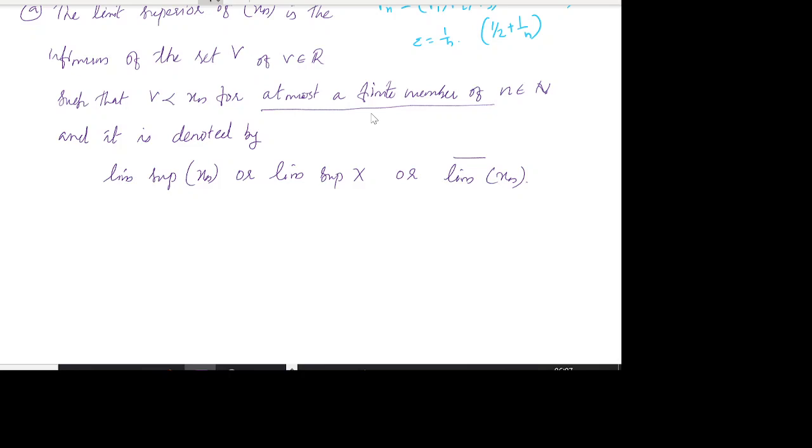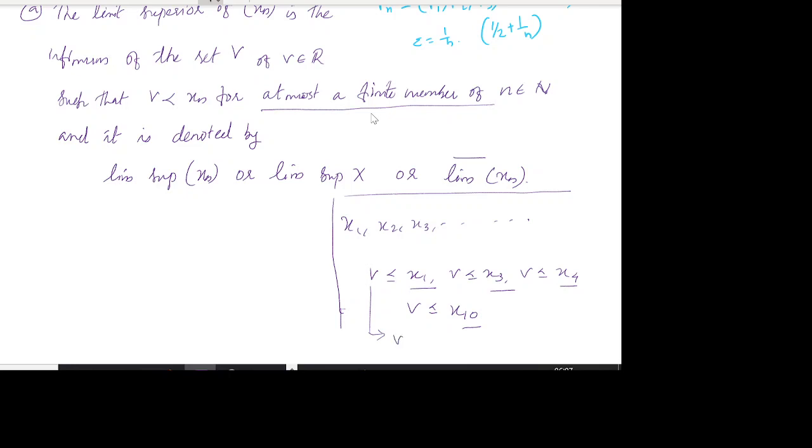Now if you can find a number which is less than all but a finite number of terms of the sequence x1, x2, x3, etc. Suppose you can find a v less than or equal to x1, v less than or equal to x3, v less than or equal to x4, v less than or equal to x10; then there is a finite number of members for which they are greater than v.